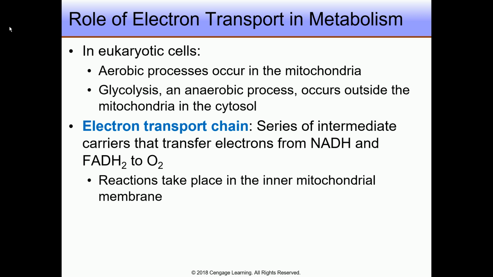And on the way, when these high energy electrons... so till now we have covered up to the Krebs cycle, and we have seen how the high energy electrons present in the food are carried by electron carriers like NAD plus and FAD, and they get reduced to NADH and FADH2, and they bring these electrons to the inner membrane of mitochondria, because embedded in the inner membrane of mitochondria are some very important protein complexes, and these protein complexes form the electron transport chain.